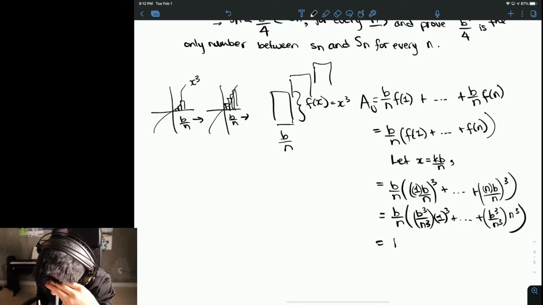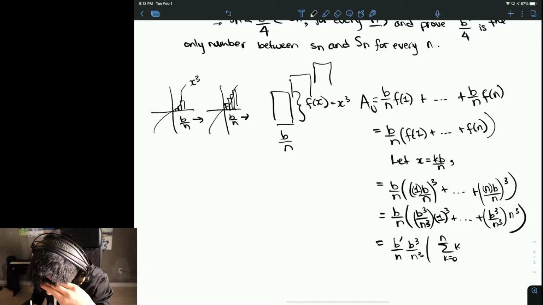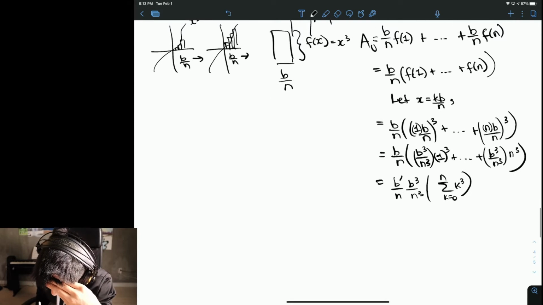And at this point we can get b over n by b cubed over n cubed by the sum of k cubed, k equals 0 to n, something like that, which turns into this term, which we're familiar with.